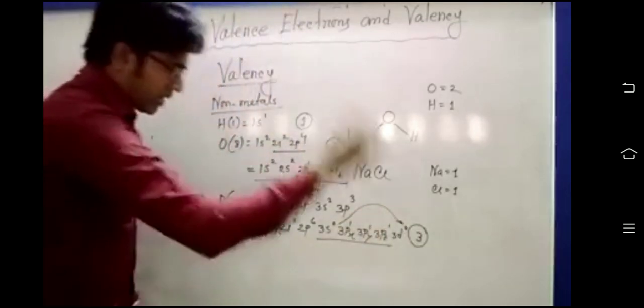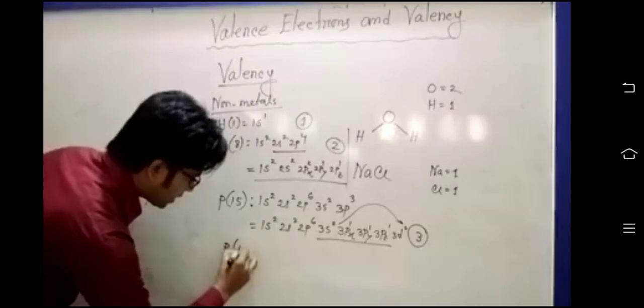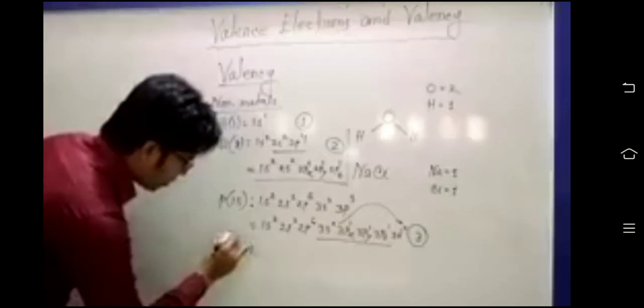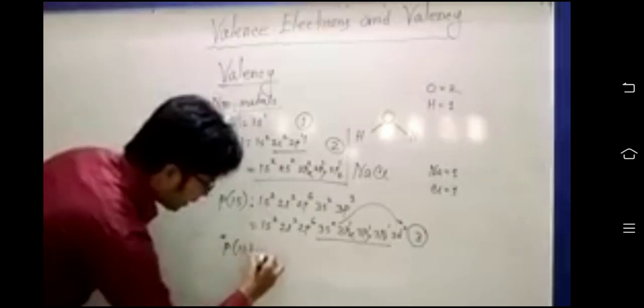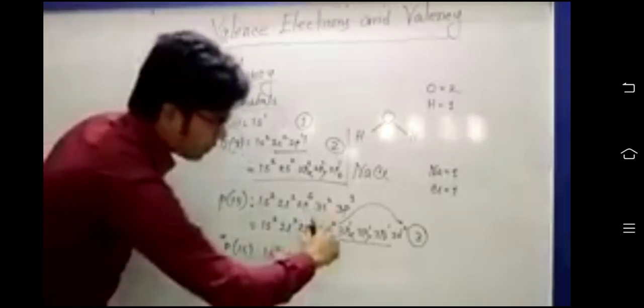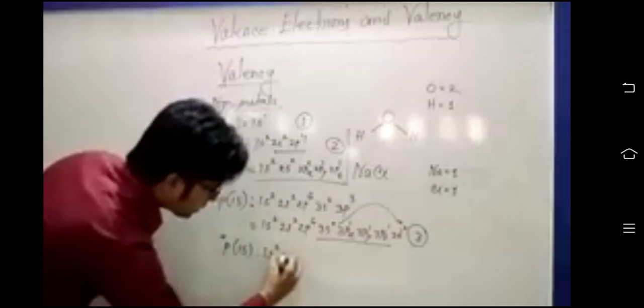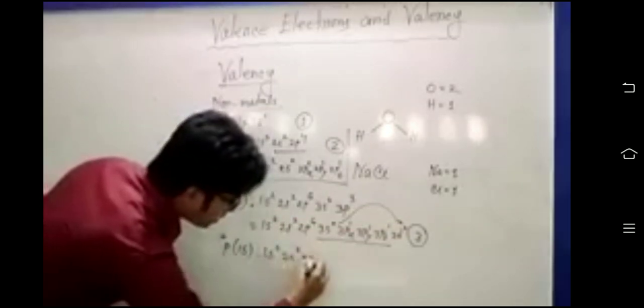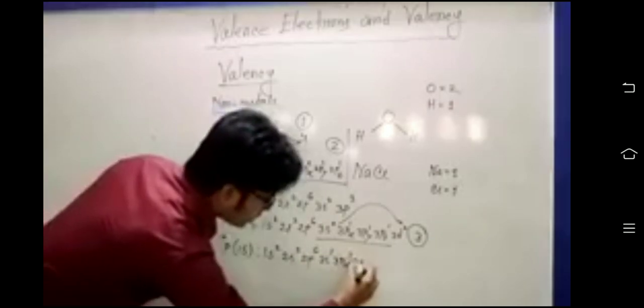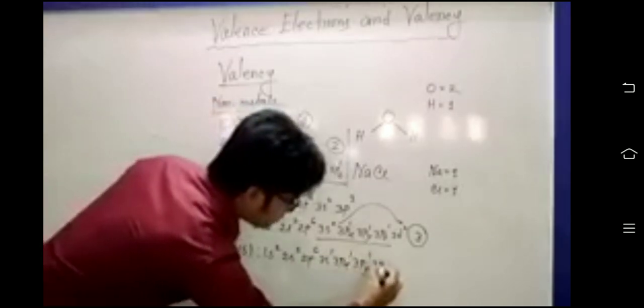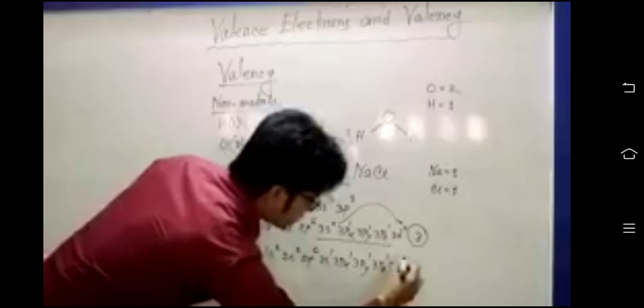If this electron is transferred there, then it will be phosphorus 15, and we have to use this star, that is the excited state. Then 1 electron will transfer from 3s to 3d. Look at this: 2s2, 2p6, 3s1, 3px1, 3py1, 3pz1, and 3d1.